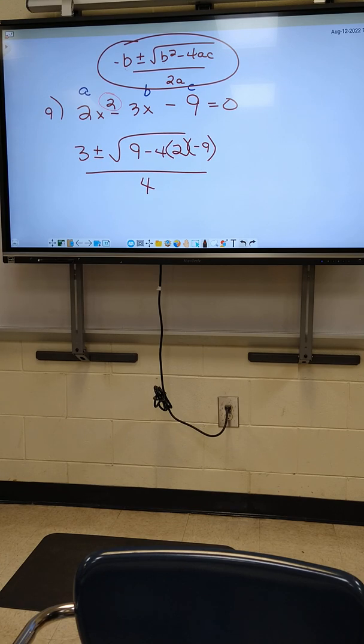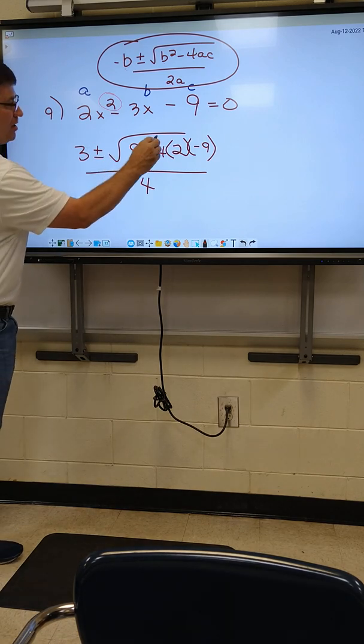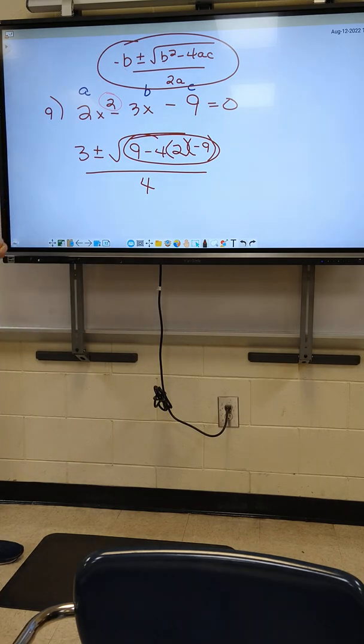The only problem with that is we're going to start having imaginary numbers and your calculator's going to say error. So if it's me, I'm just going to plug these numbers in right here. Plug that in your calculator and see what we get. Do not plug in the square root symbol. So we got 9 minus 4 times 2 times negative 9.